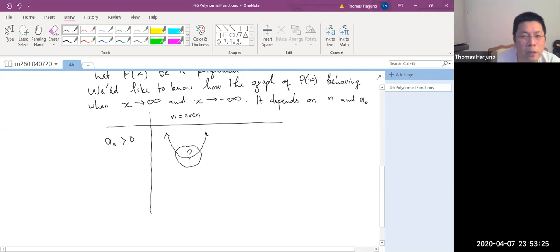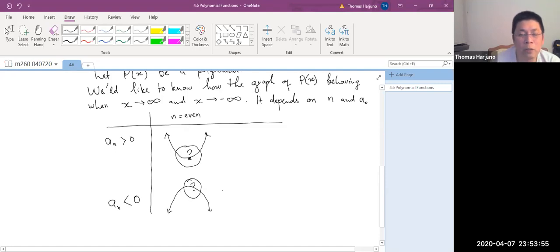What we know is when I go to positive infinity, the y value will go very high. When I go to negative infinity, the y value will go very high also. Now, if the leading coefficient is negative, however, then we make it upside down. Of course, again, we don't know what happened in the middle.